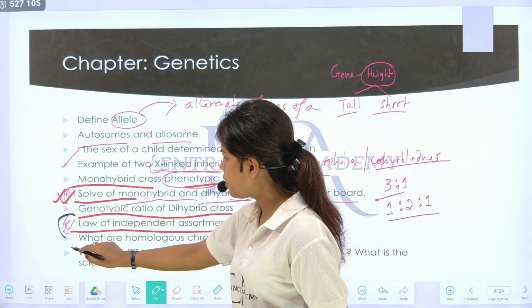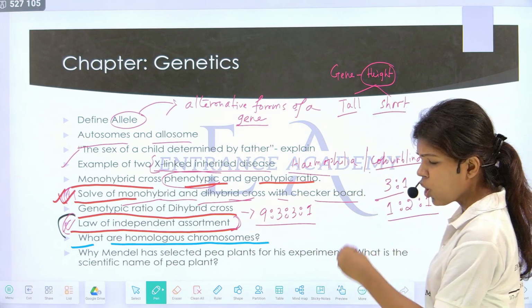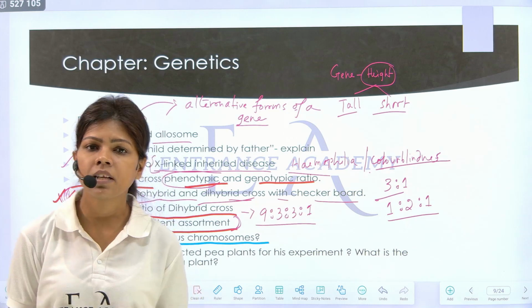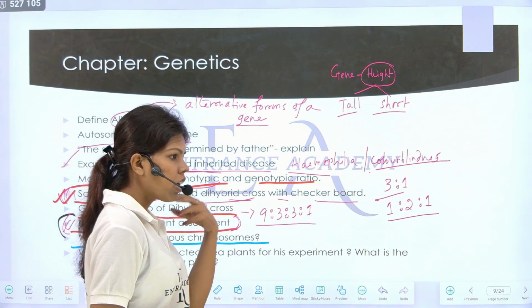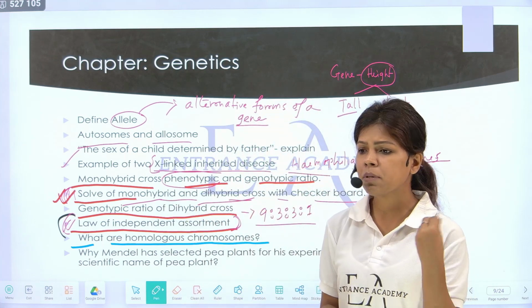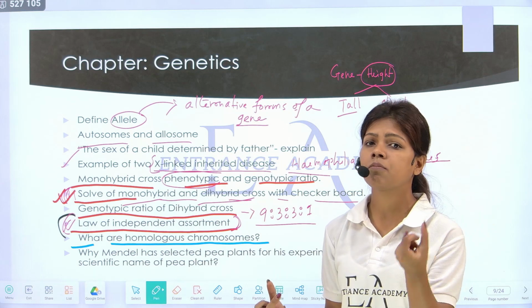What are homologous chromosomes? Homologous chromosomes are chromosomes which are structurally similar in shape and size, each obtained from an individual parent. That means one chromosome comes from the father and another from the mother.